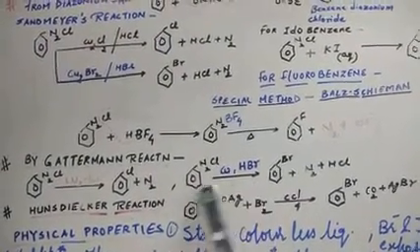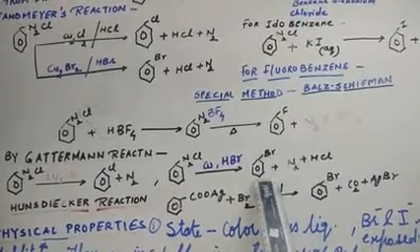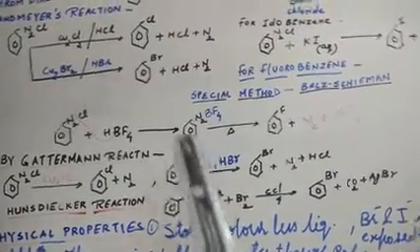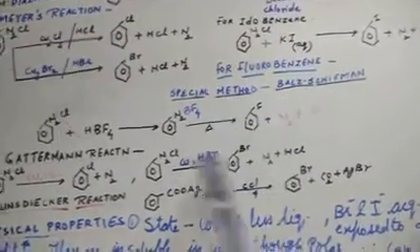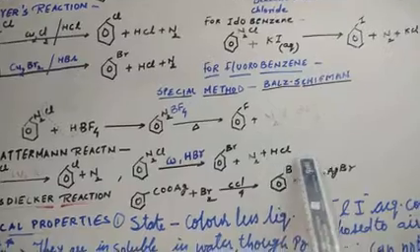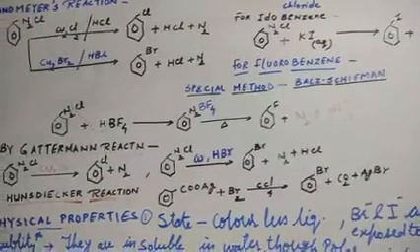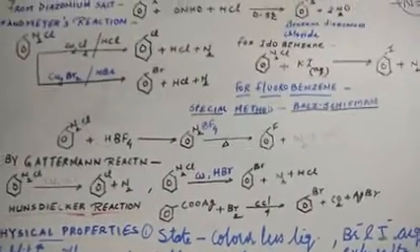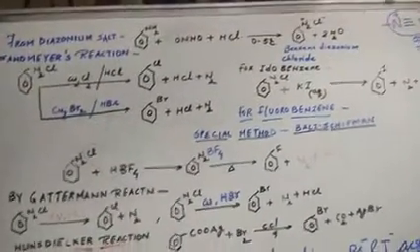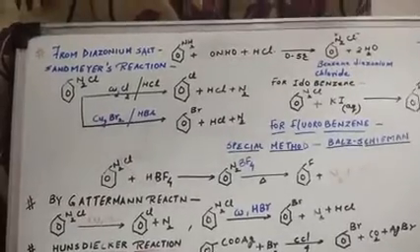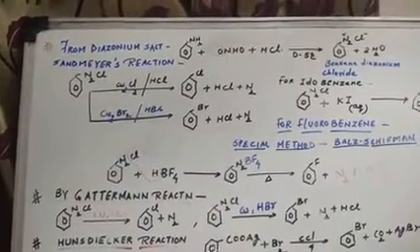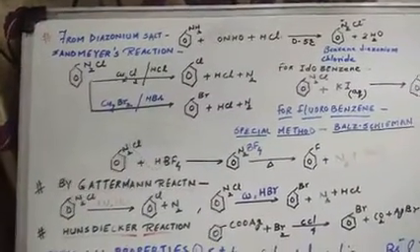So this time Br is getting attached with the benzene ring, nitrogen gas evolves out and HCl is the byproduct. So in this way we can prepare different aryl halides by the Sandmeyer reaction and by the Gattermann reaction.